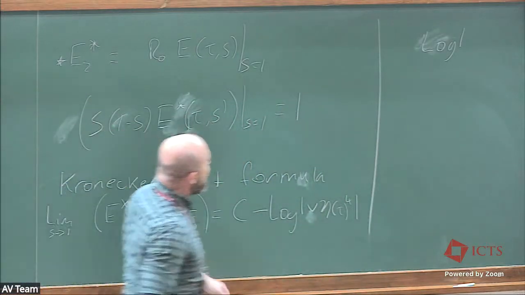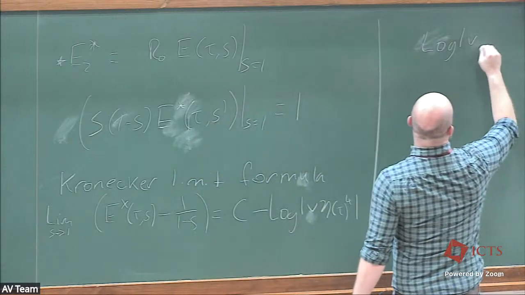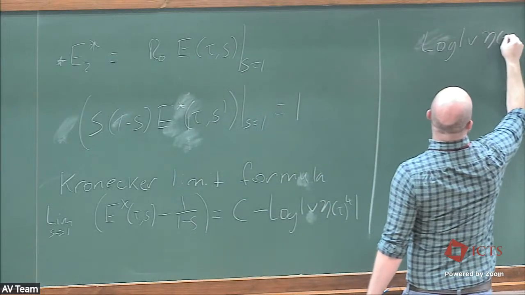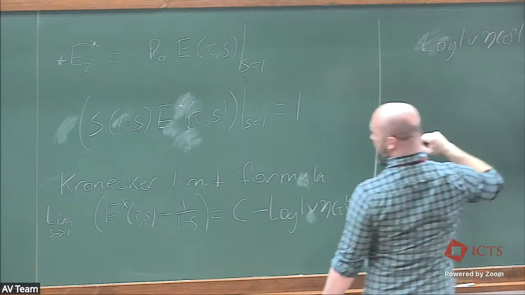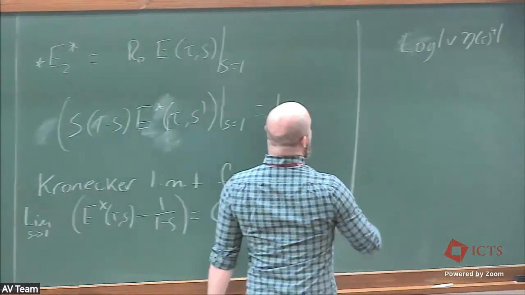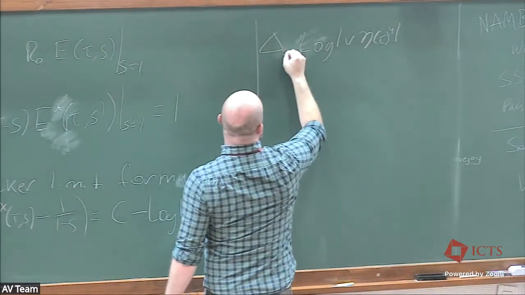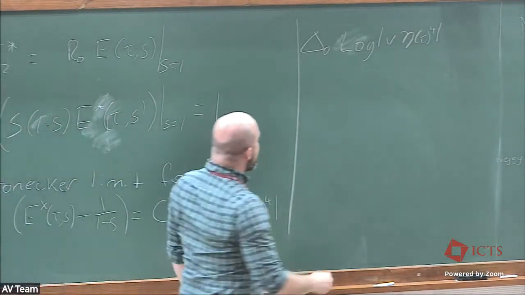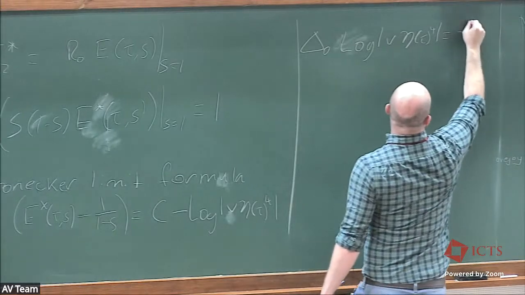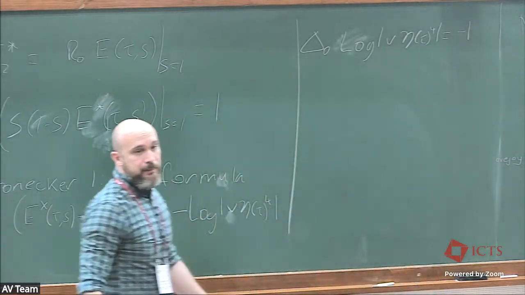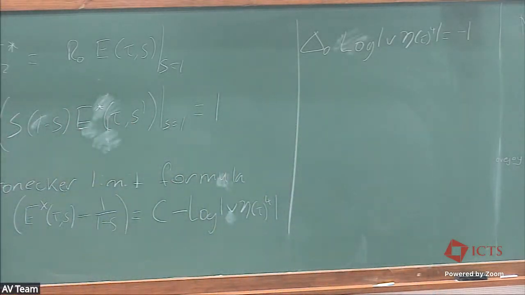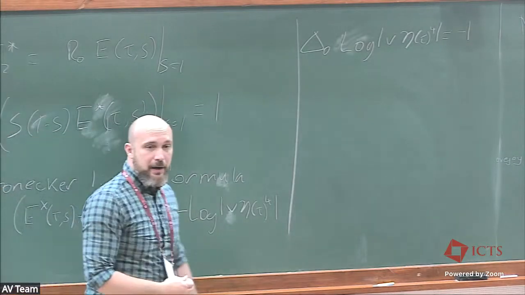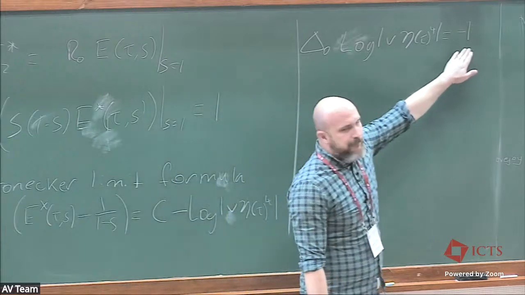So if we take our function log v eta of tau to the fourth, and act on this with the Laplacian delta 0, it is going to give us a -1. It's going to give us a constant. So this is not harmonic, but we're not far off.